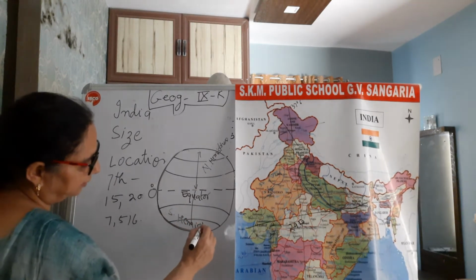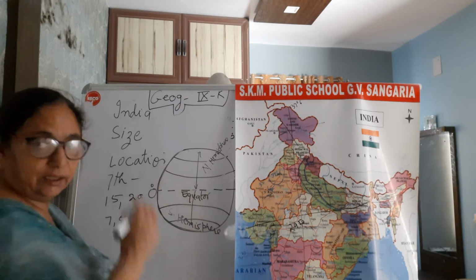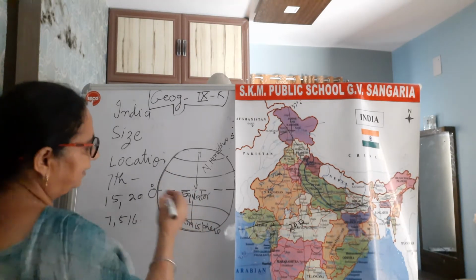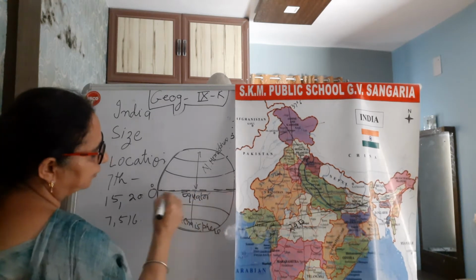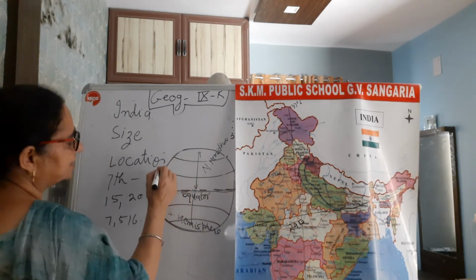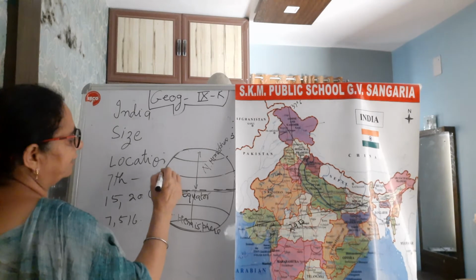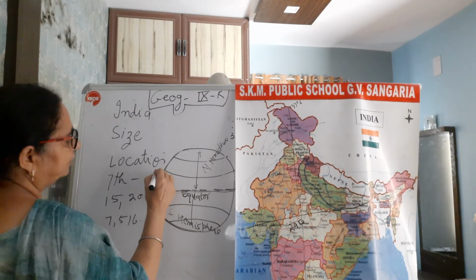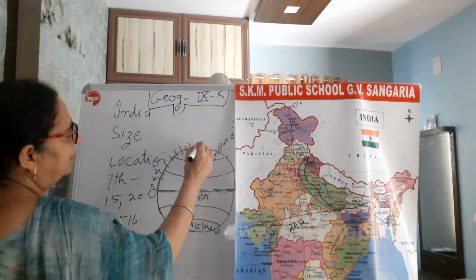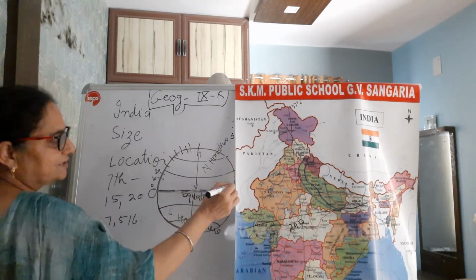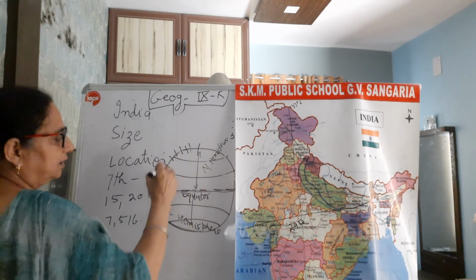We call it the southern hemisphere. So this is the equator, 0 degree. Whatsoever degrees are there, 0, 10, 20, 30, 40, 50, 60, 70, 80, 90.